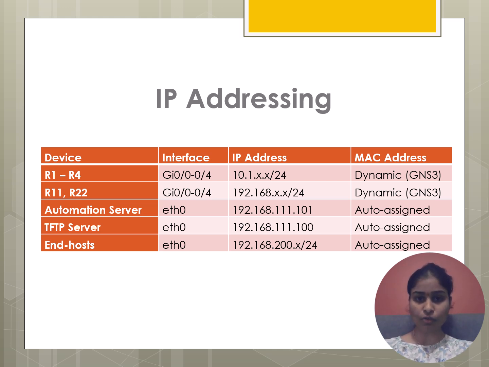The servers for automation and TFTP have fixed IPs in the 192.168.111.x subnet, and the end host devices are given dynamic IPs in the 192.168.200.x subnet. It lets the network work smoothly by directing communication and management correctly.